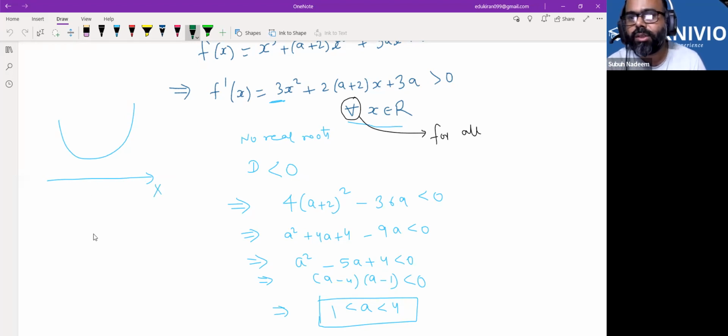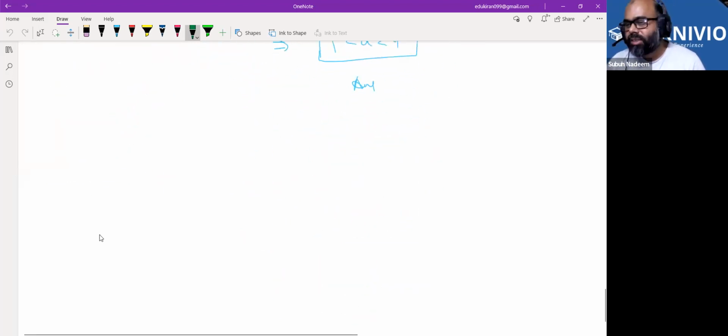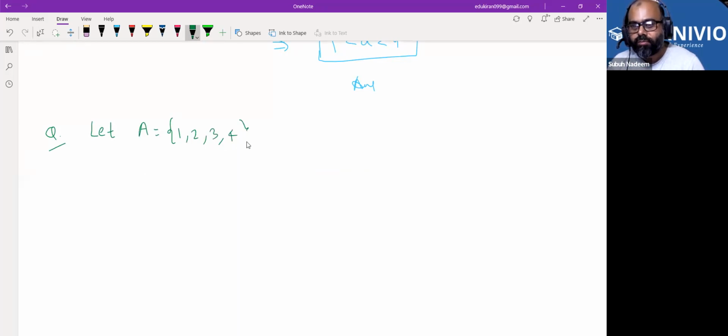So I'm giving you another question. It is a little bit different, using the concept of a little bit of permutation, combination, counting and all. And of course, it is also of onto. Let A equal to 1, 2, 3, 4, B equal to a, b, c.